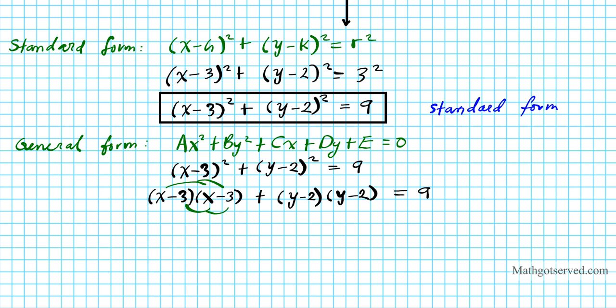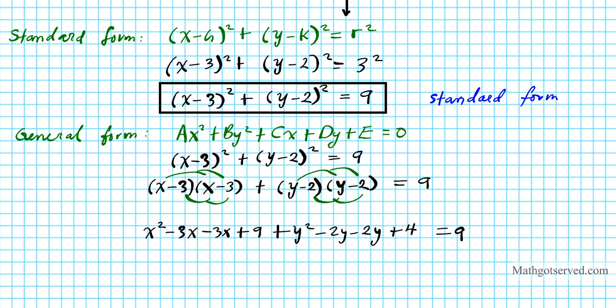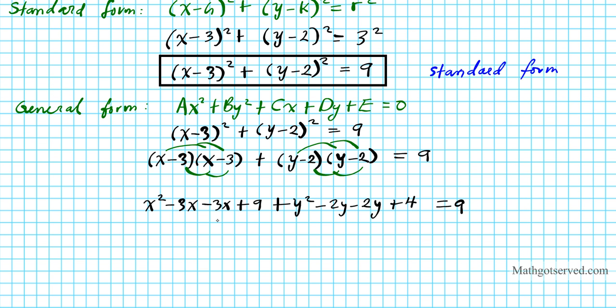On the left side, x times x is x squared first. Outer is negative 3x. Inner is negative 3x. Last is plus 9. With the y component, first, outer, inner, last: y squared minus 2y minus 2y plus 4, and then equals 9. I'll simplify both sides first, and then start moving terms around.